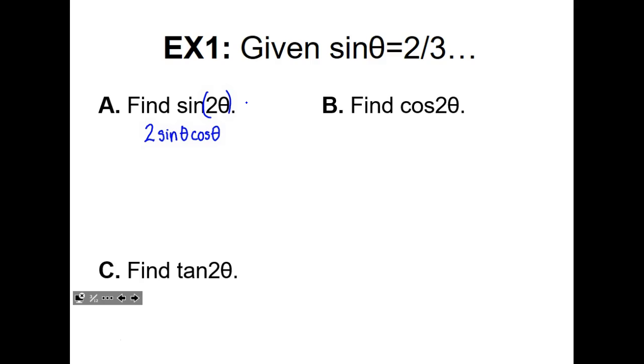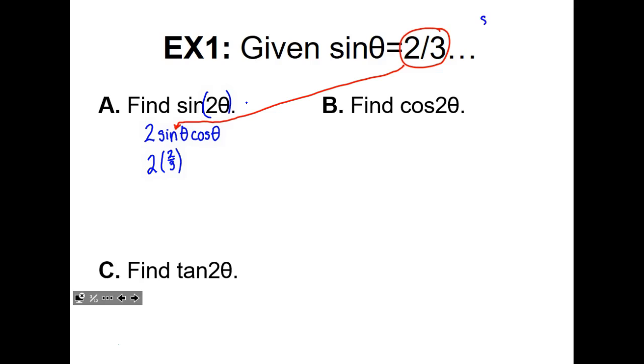And I know that sine of theta is 2/3. So I can plug that in right here. So I've got 2 times 2/3. But I don't know cosine of theta. How could I find cosine of theta?